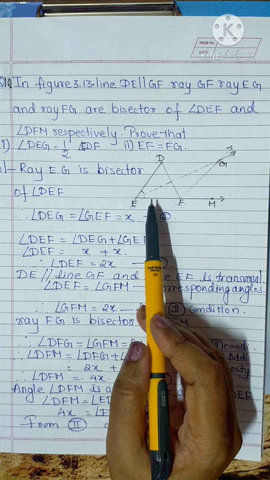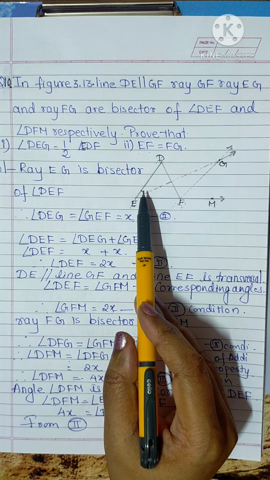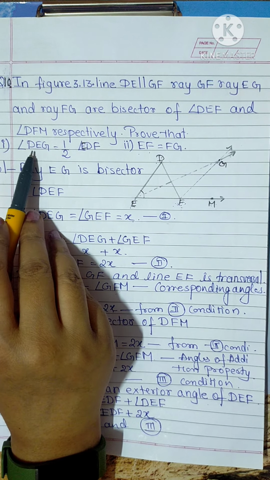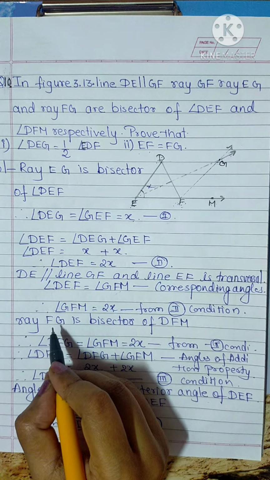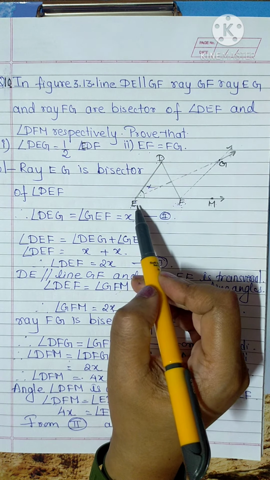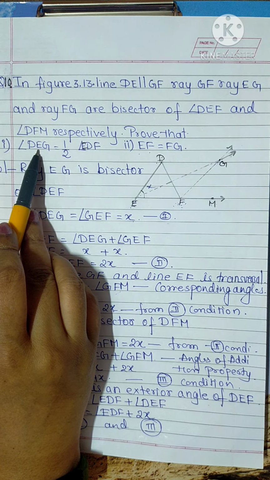So here we have taken X. Here also we have taken X. So X is what? Here DEG is X. We got X is equal to half of EDF. So in the place of X, we can write DEG.